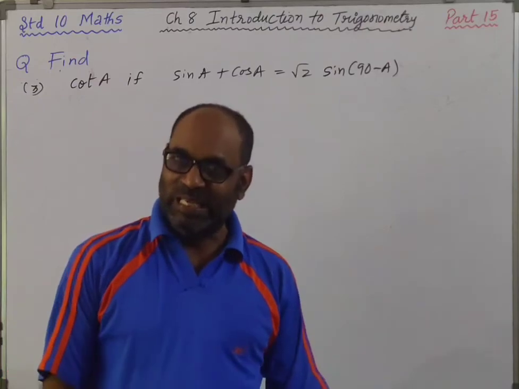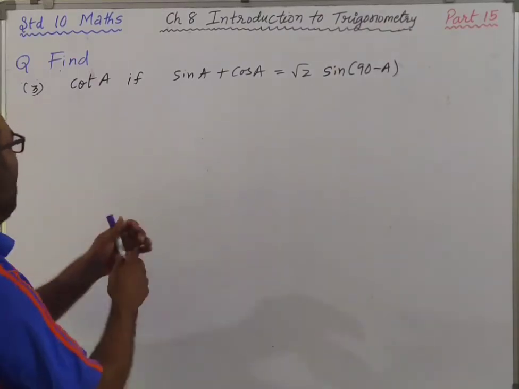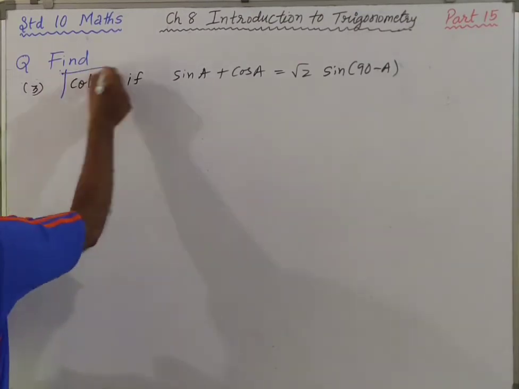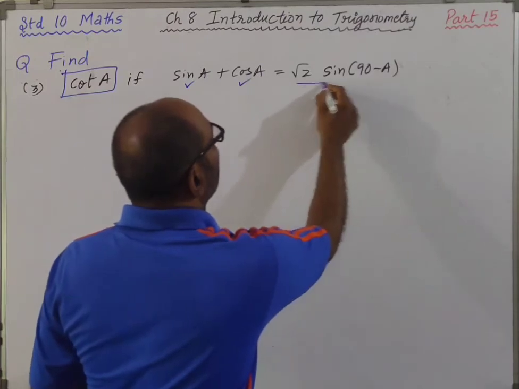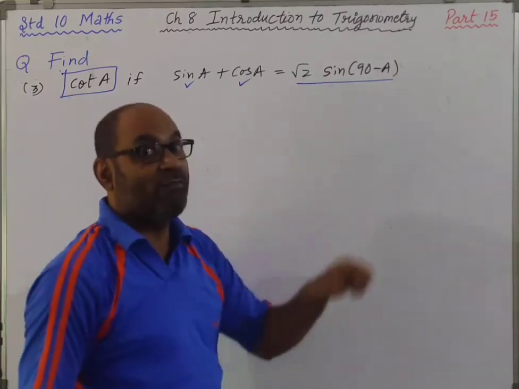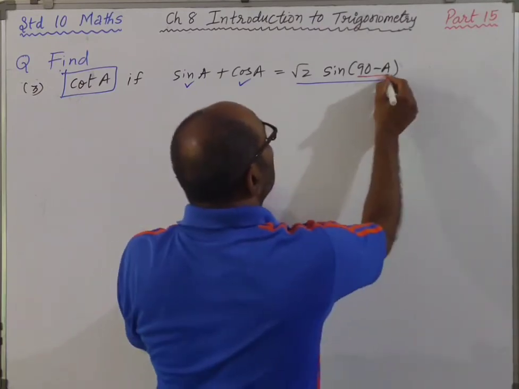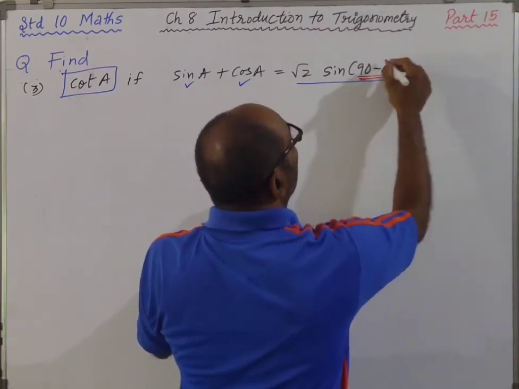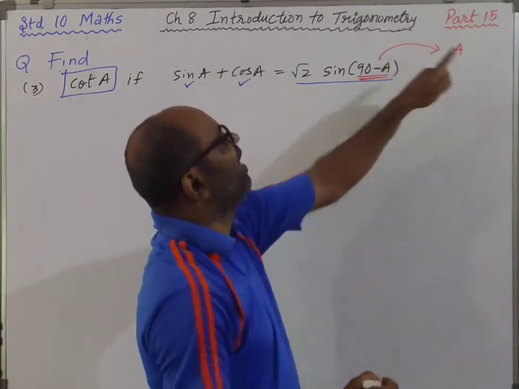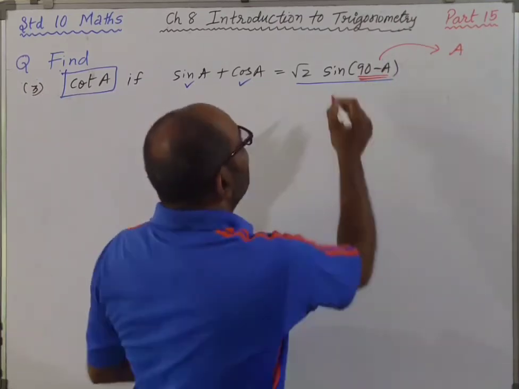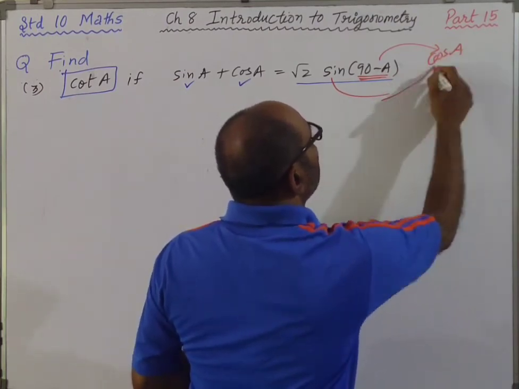Fine. Let's see the last sum of this session. It is number 3 and you have to find the value of cot A, if sin A plus cos A is equal to root 2 sine of 90 minus A. Children, the angle is 90 minus A. So what is its complementary? A. The complementary of 90 minus A is A. The complementary of sine is cos.